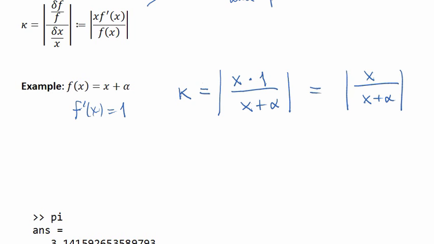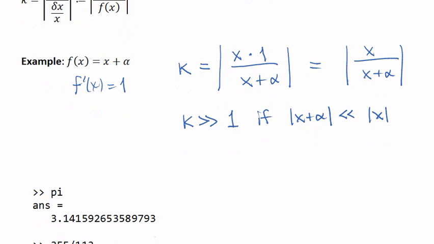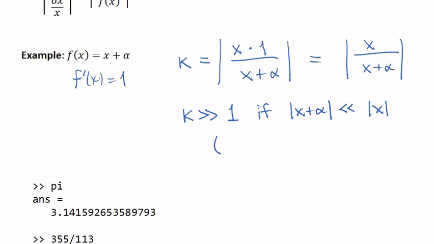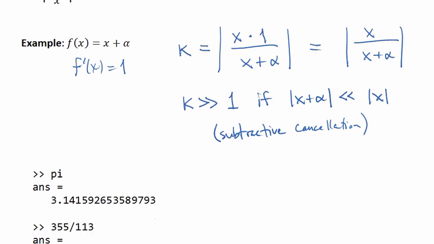All right? So what we see, right, is that the condition number is large. We use this double greater sign to mean much larger than 1 if the result is much smaller than the input. Right? So this is what I said about subtractive cancellation. If you have two numbers which subtract to give you a much smaller result in absolute value, then you get subtractive cancellation.